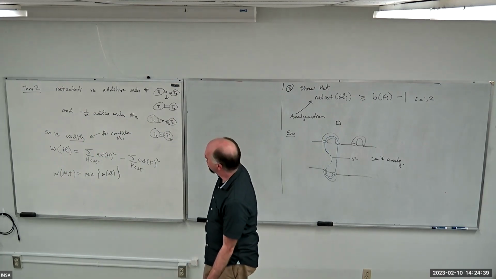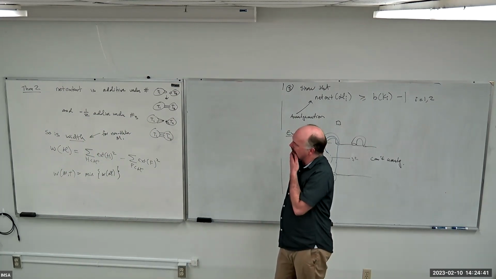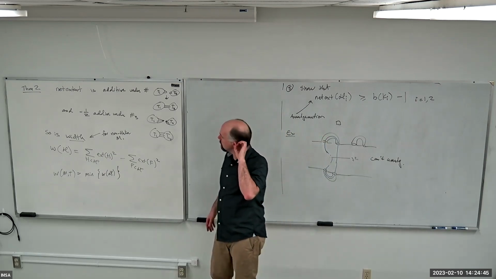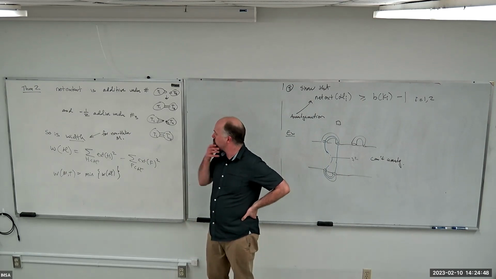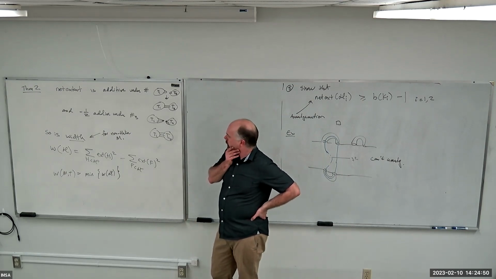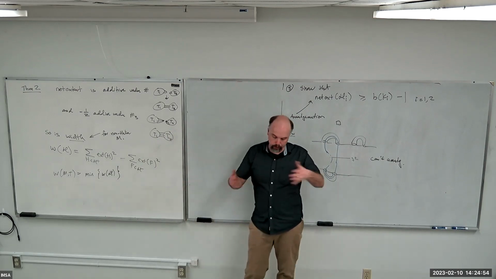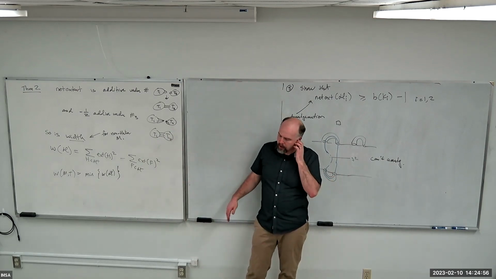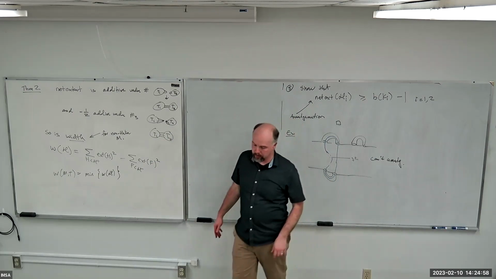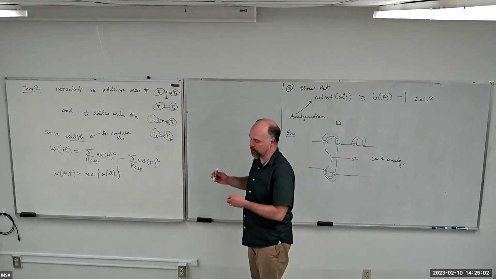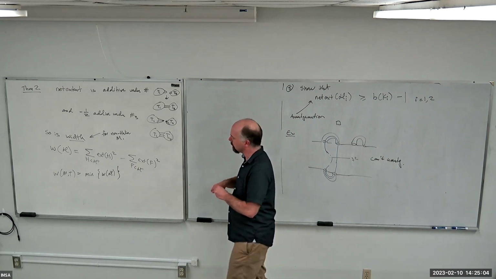So the reason why we thought this was remarkable is, when Dave Gabai introduced bin position in his third paper on foliations and manifold theory, he also introduced this invariant called width that he uses to put things into bin position. And for a while, people thought Gabai's width might be additive, and there were a number of classes of things where it was supposed to be additive.